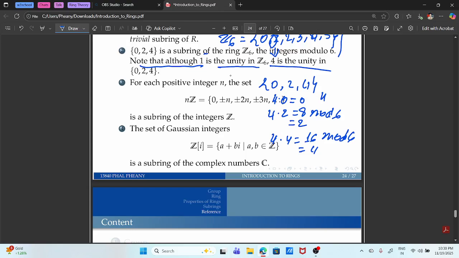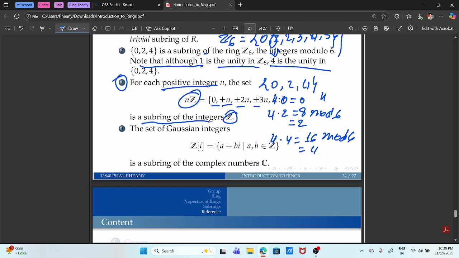Now let's consider the third example. Take a positive integer n and the set nZ. We multiply it by n, so its elements are 0, plus or minus n, plus or minus 2n, plus or minus 3n, and so on. It is a subring of the integer set.